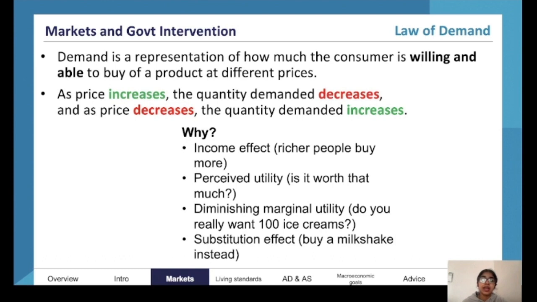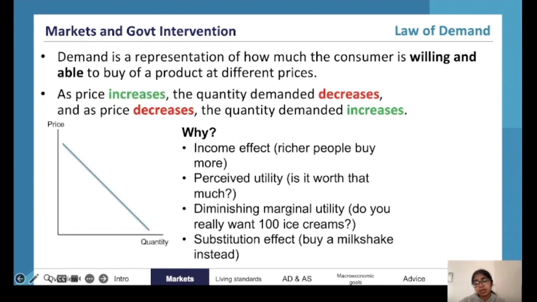If a store decided to price the mango bubble tea for $10, I would buy it. But if the pearl milk tea was $10, I probably won't. That's more than what I value it for. So that's perceived utility. So is it worth that much? So as the price increases, people start to wonder if it's really worth that much anymore.